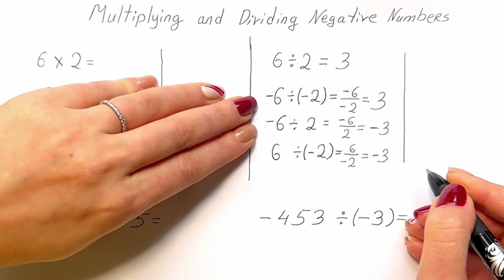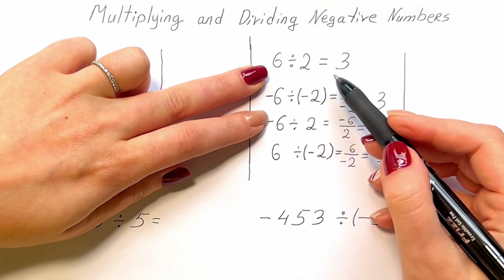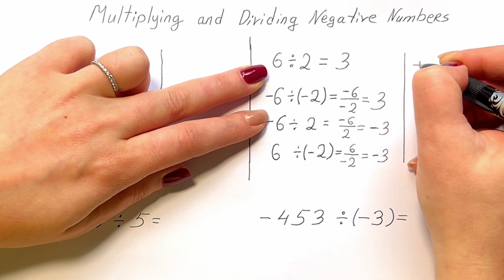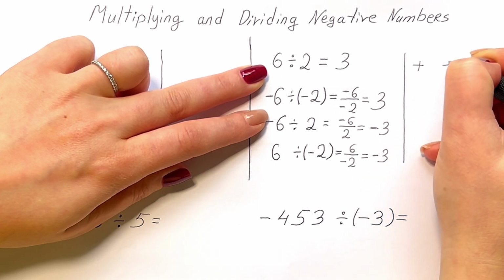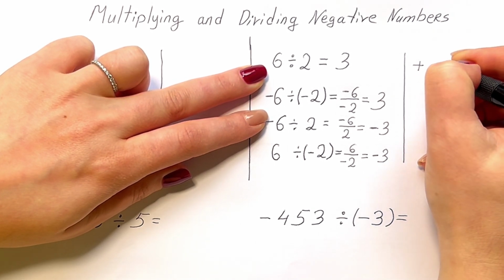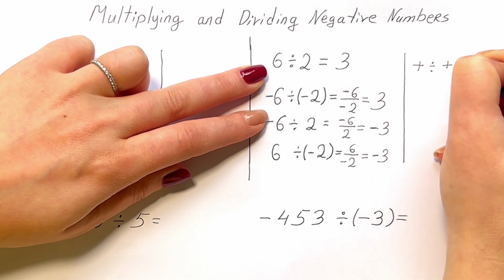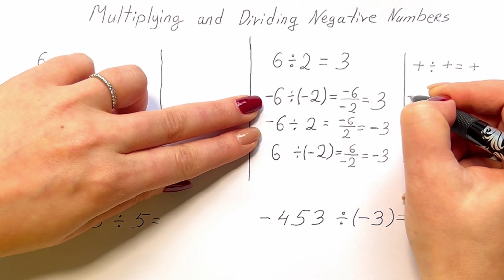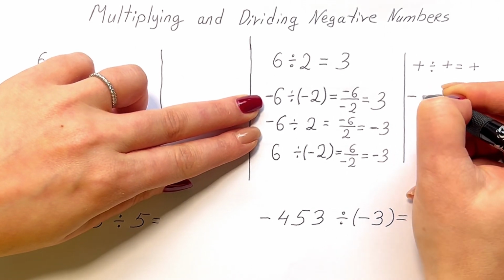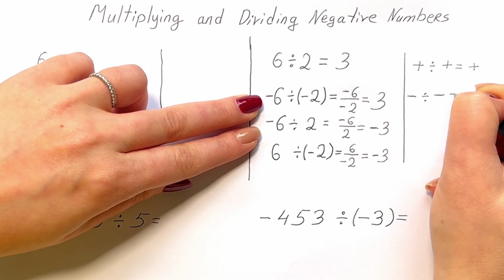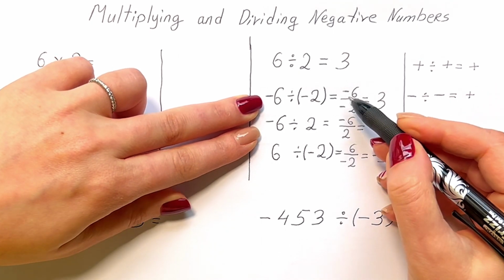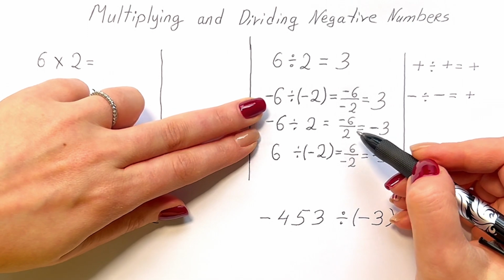So, let's see what we did. If we have two positive numbers and we are dividing them, the answer is always going to be positive. If we have two negative numbers and we are dividing them, the answer will again be positive because we will simplify and cross out the negative signs.